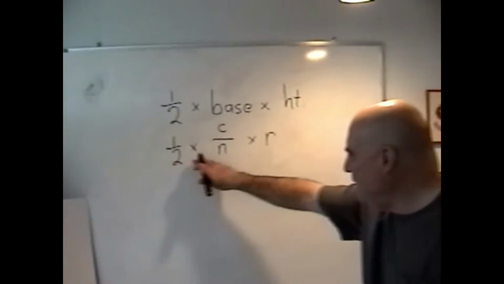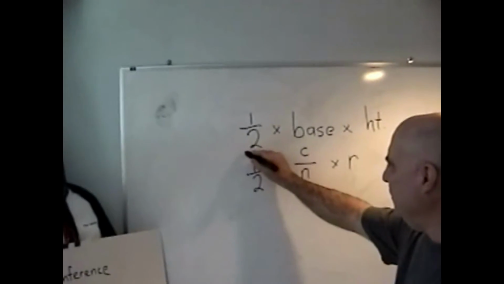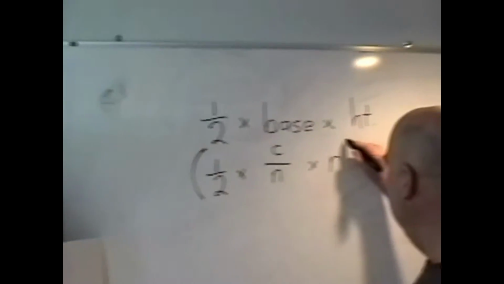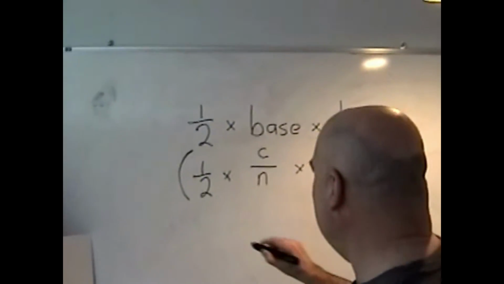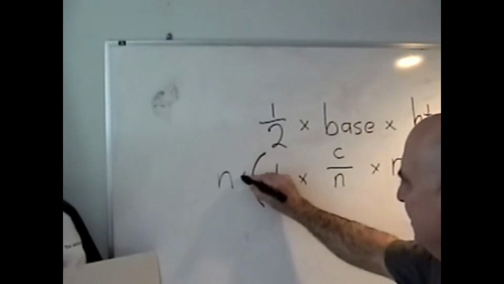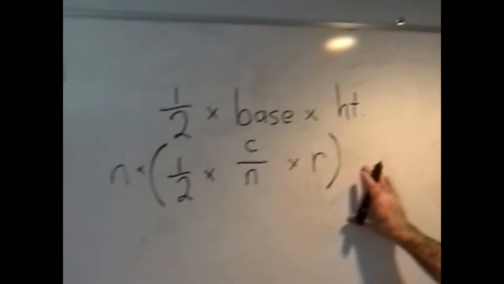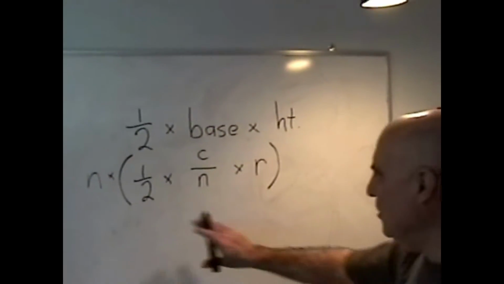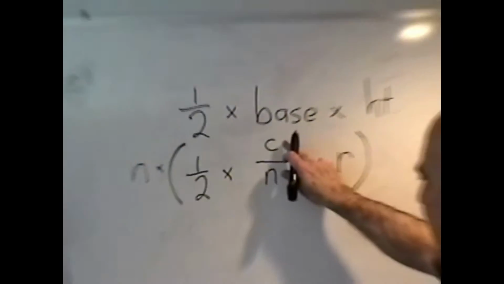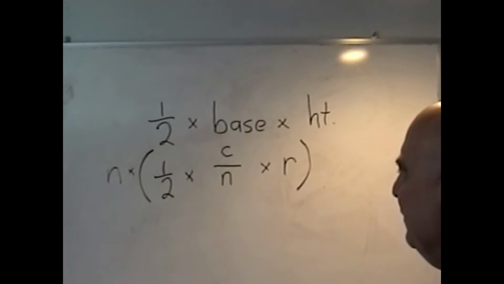Now, this is the area of each one of these triangles, and to get the full area of the circle, we're going to have to take that and multiply it by the number of triangles, which is n. So the area of the circle is very close to n times 1/2 times circumference over n times r. Now we can start to simplify.